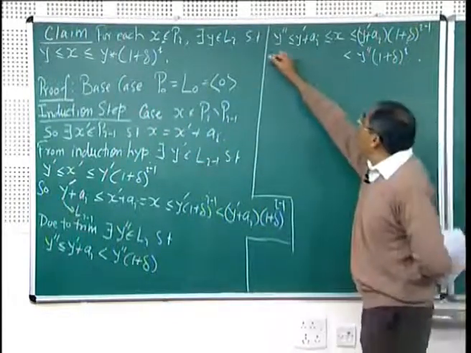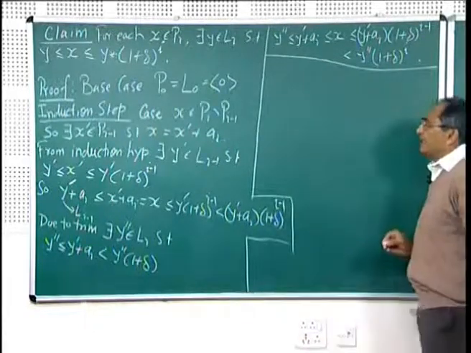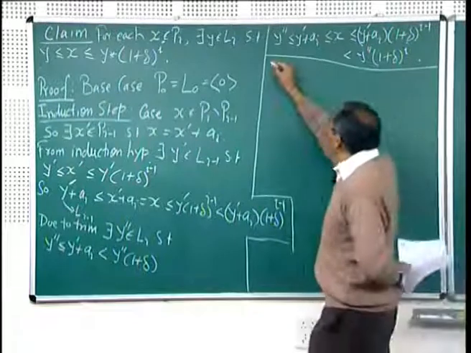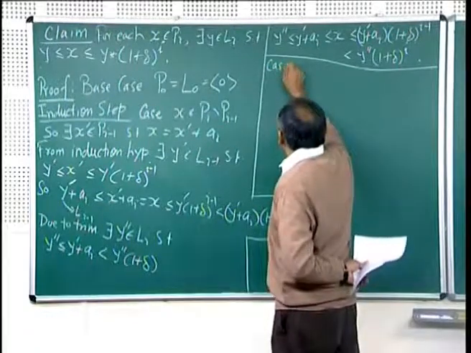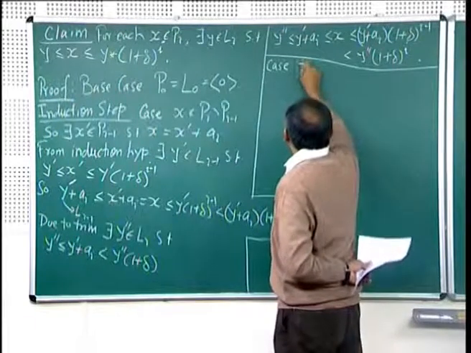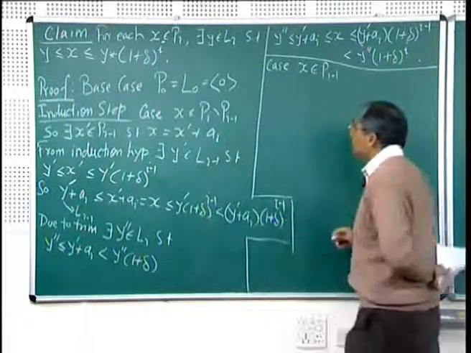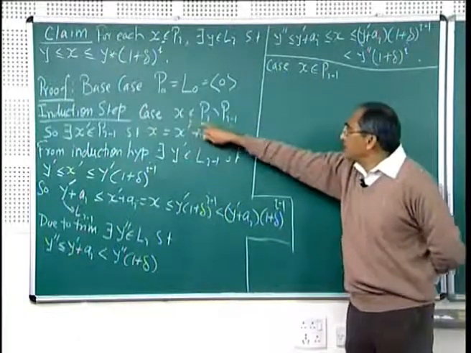Now, let me take the second case, the case of x already existing in Pi minus 1. So, x belongs to Pi minus 1. This is the second part of this.